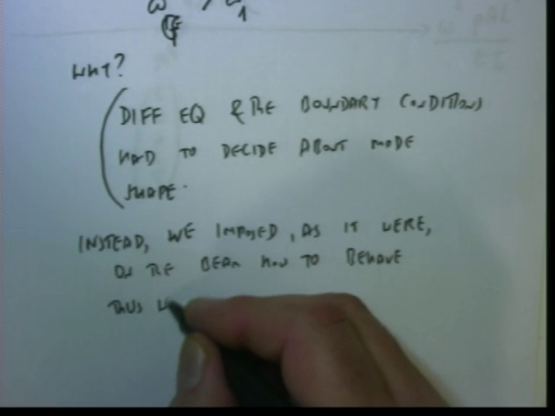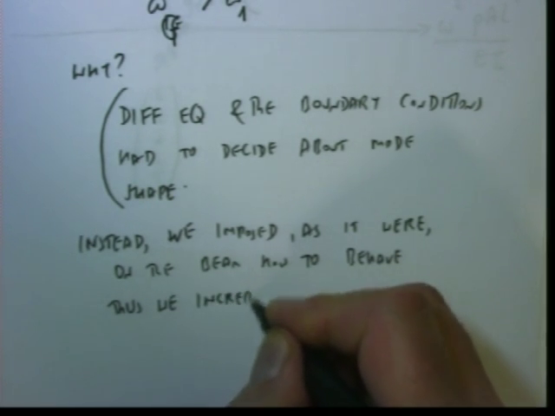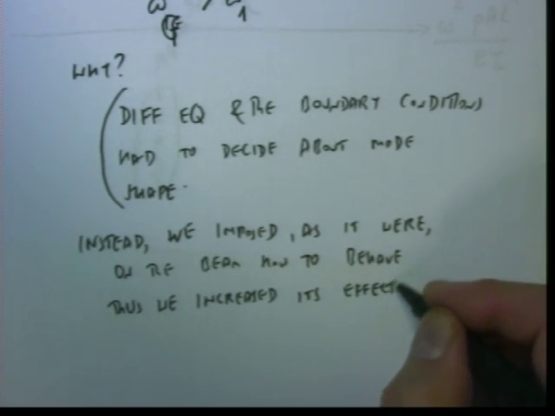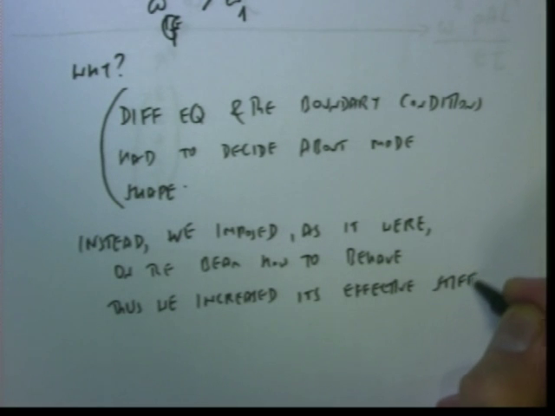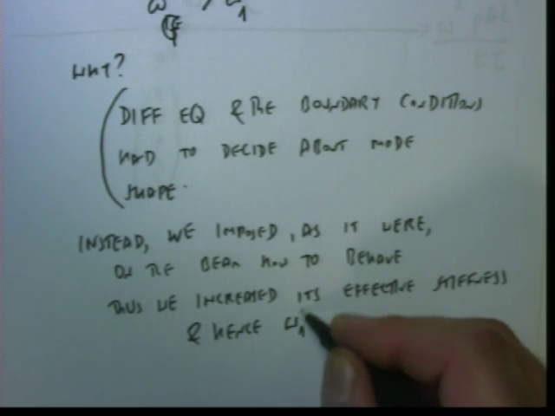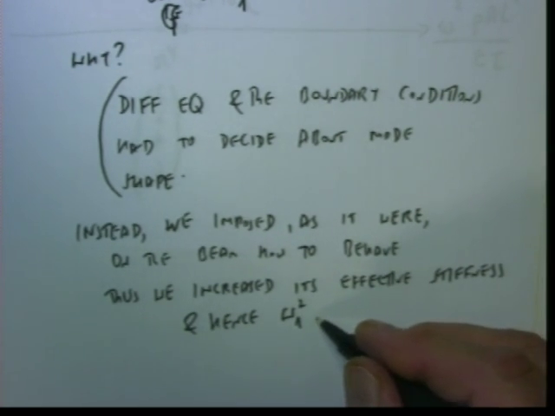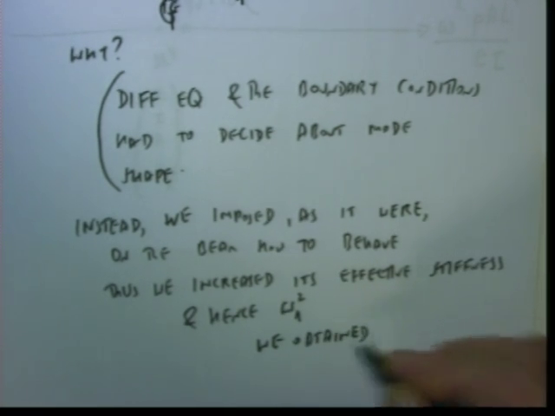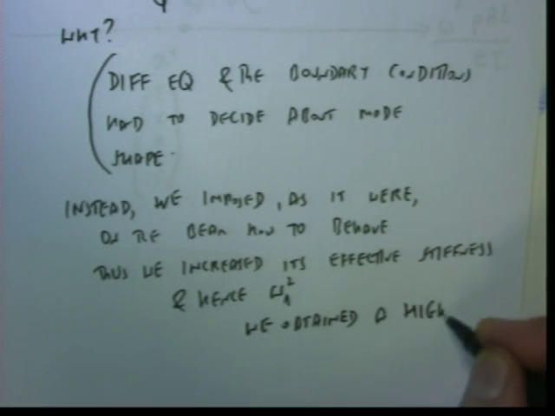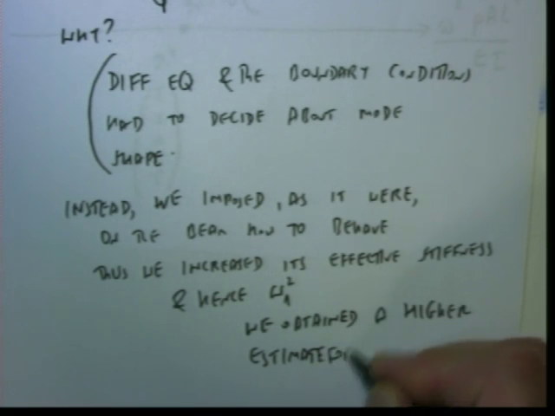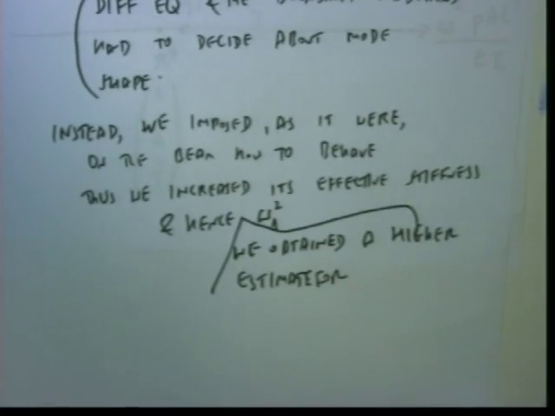Thus, we increased its effective stiffness. And hence we obtained a higher estimate for omega 1 square. That is what has happened.